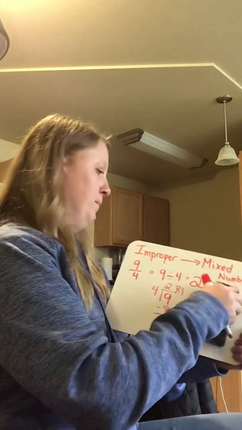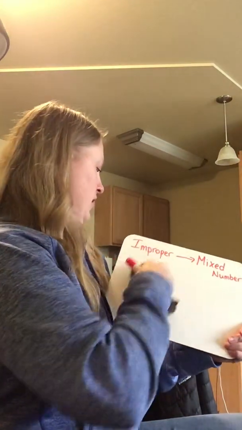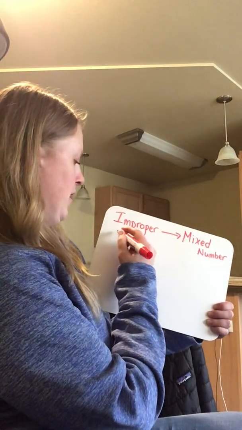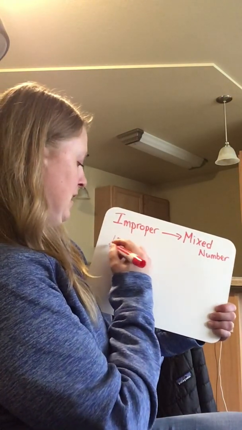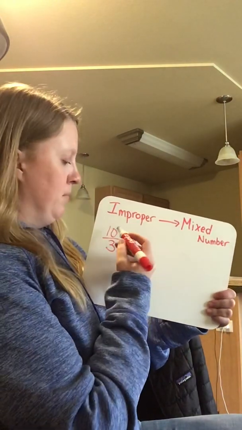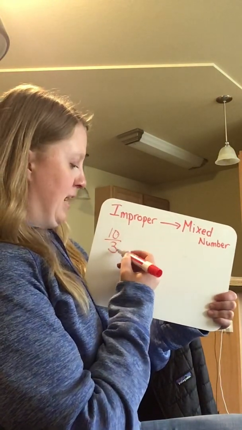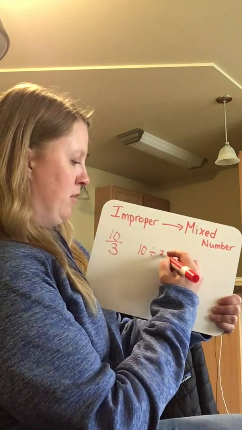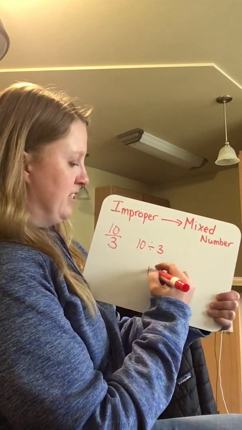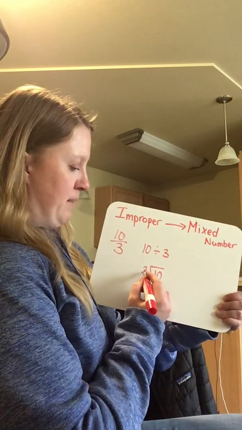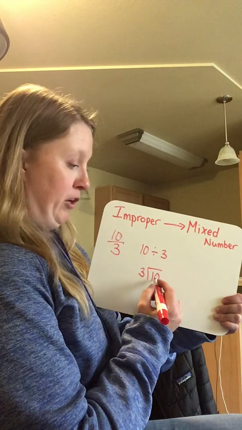Let's do some more. Let's do the improper fraction 10/3. Reading top to bottom, 10 divided by 3. Let's set it up this way, 10 divided by 3. How many times can 3 go into 10 without going over?